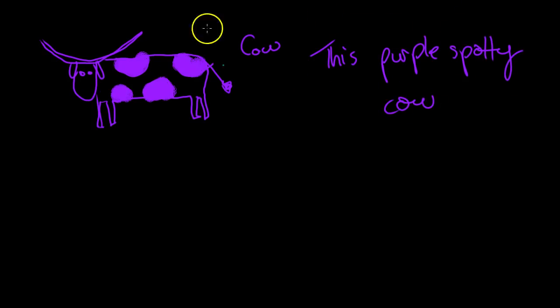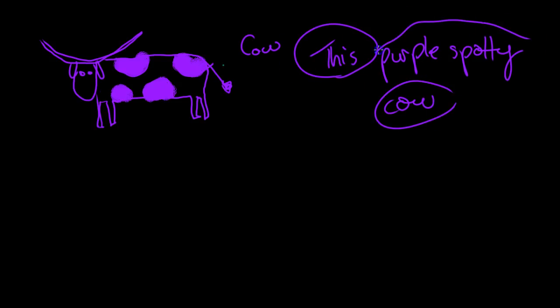This purple spotty cow has got a pointer, it's got a noun, and this one in particular has two adjectives describing the noun. You could have said a purple cow, the purple cow, or any other thing that had a pointer and a describing word and a noun.